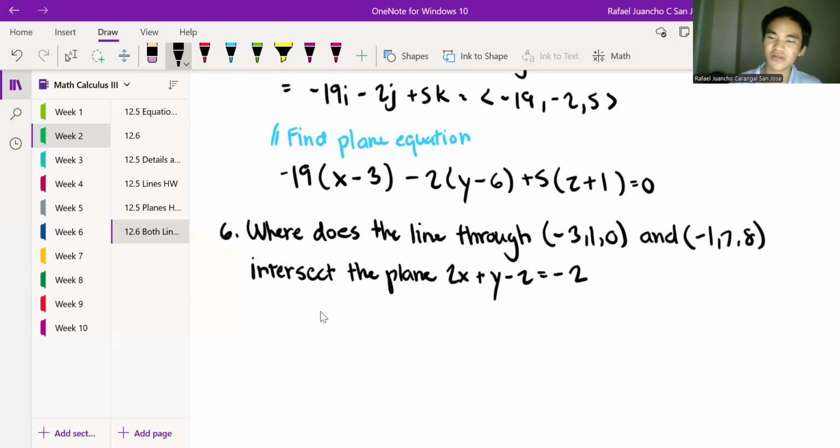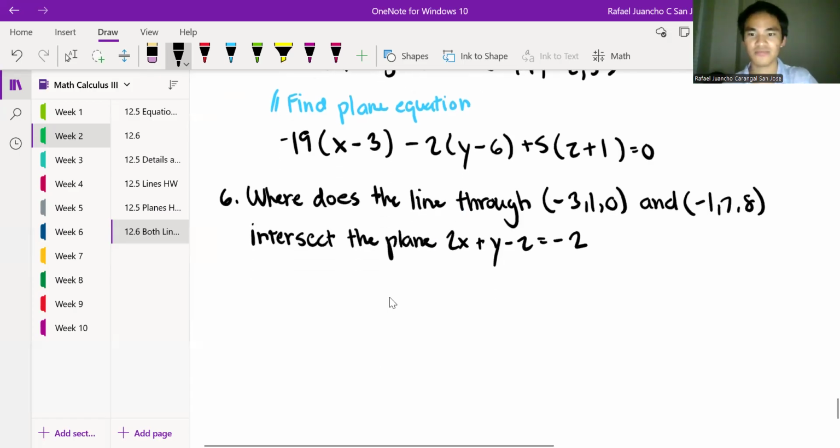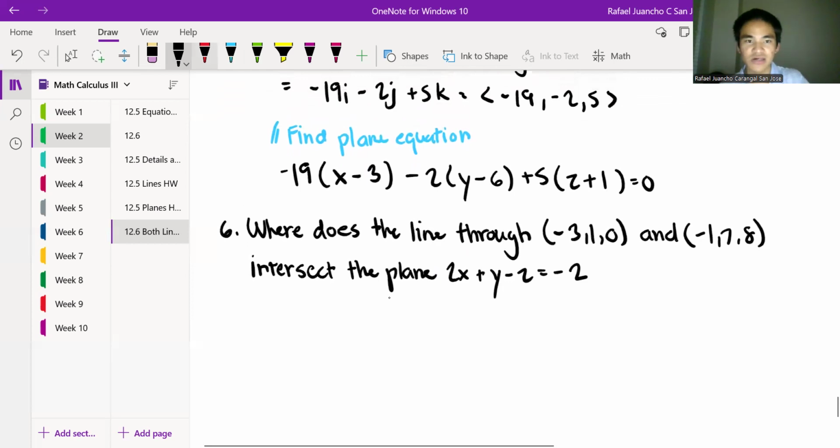So this is a pretty long problem, but the idea is to find parametric equations for the line first, and then we want to intersect it. So where it's asking for a point, actually. Okay, so first thing is we want to find parametric equations for a line.